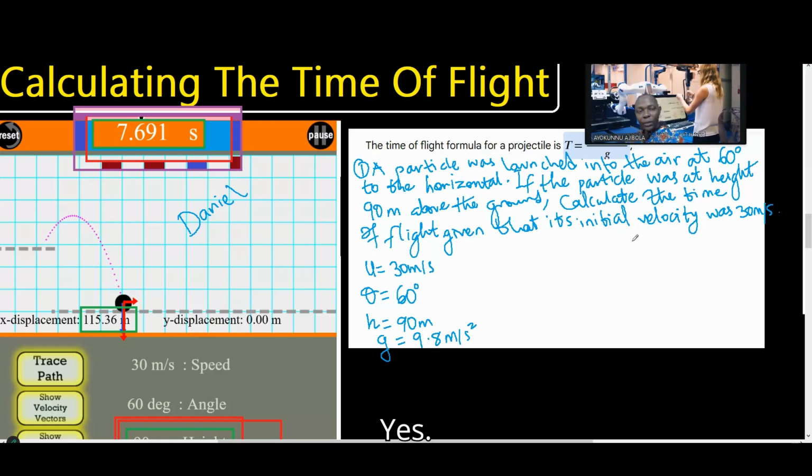What did you get? Mine is 5.326. Mine is 10.6.